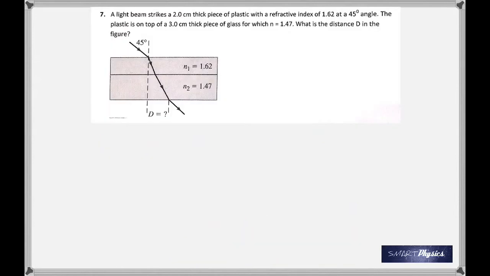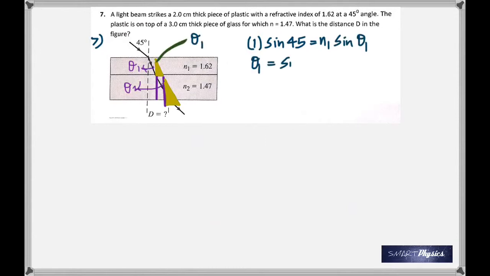Okay, on to the next one. Here the light beam strikes a 2 centimeter thick piece of plastic. You have to find the total distance, capital D in the figure. Now look at those two triangles that I've made. First find this small distance from that triangle and then find this and add them up. That is the idea, for which you'll have to find theta 1 and theta 2 from the ideas of refraction.